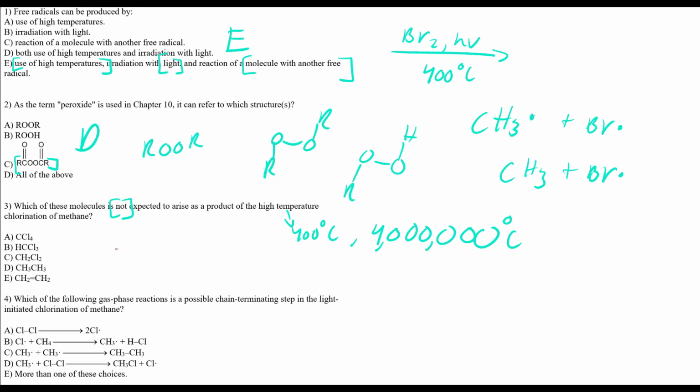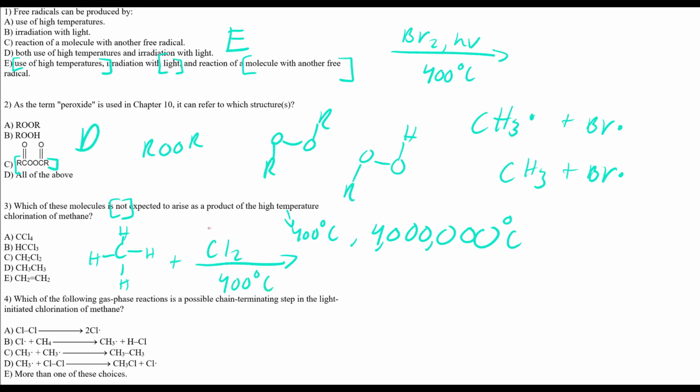Chlorination of methane. Okay, so let's say that we have methane, CH4. Plus chlorination. So we're going to put Cl2 at like 400 degrees.